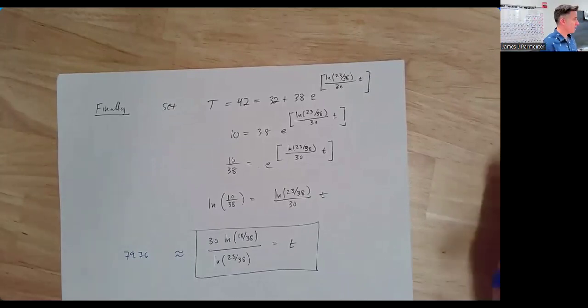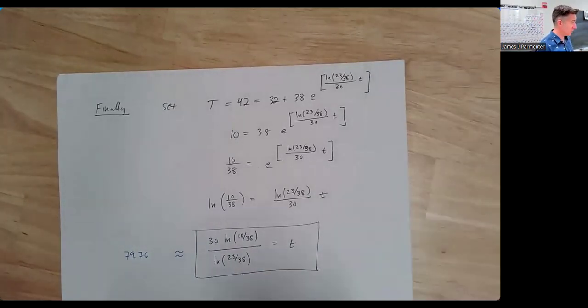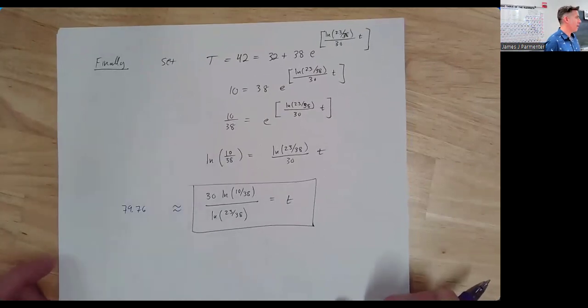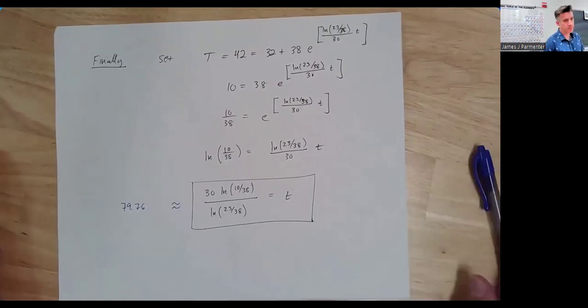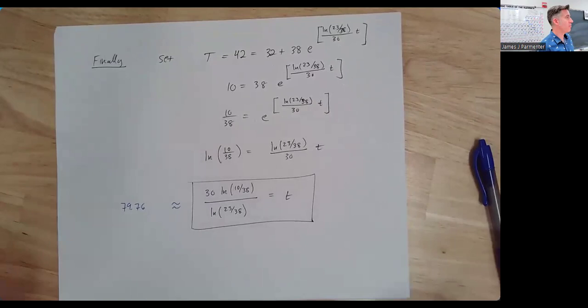Probably not a realistic situation because I just made up the numbers, but not an infinite amount of time. So that's how you approach a problem like this with Newton's law of cooling. More generally, this is how we approach most differential equations.